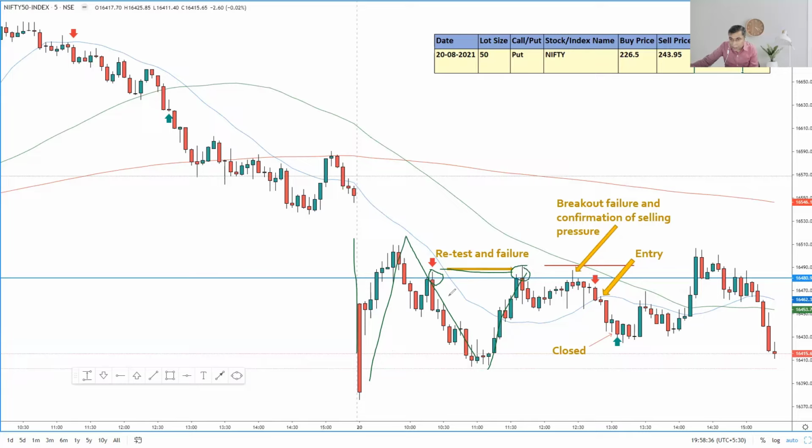Now, after such a move down and then a complete 100% retracement of this down move, the obvious expectation is that prices will probably consolidate for some time, but should go up above, right? Because it has completely retraced this downside move, which in other words has just negated the impact of this downside selling.